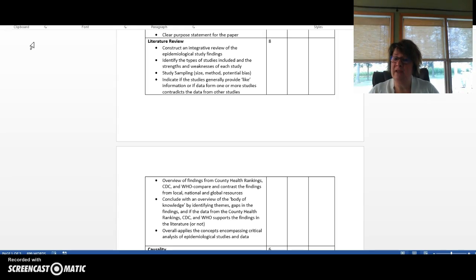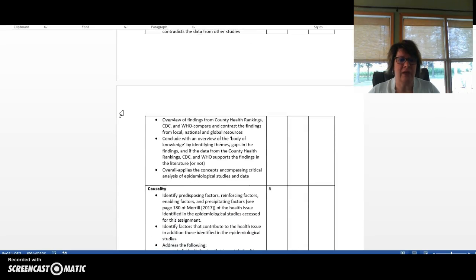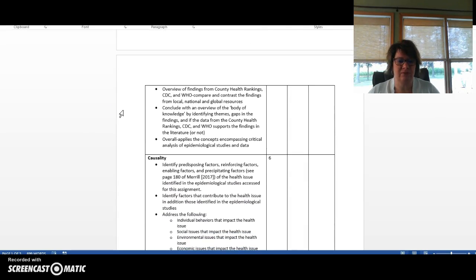And if some studies contradict the others, that's real important to indicate as well. So what you're going to do is just provide that literature review, and just kind of assimilate your concept. You're going to look at overall, that body of knowledge.